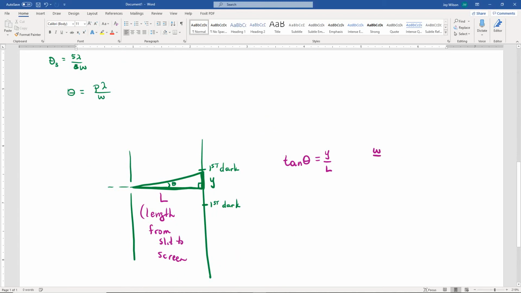That first dark slit equals 1/2 wavelength. The halves cancel out, and I get W sine theta for the first dark fringe is wavelength. So sine of theta equals wavelength over W. And then theta and sine of theta are the same thing, so theta equals lambda over W.